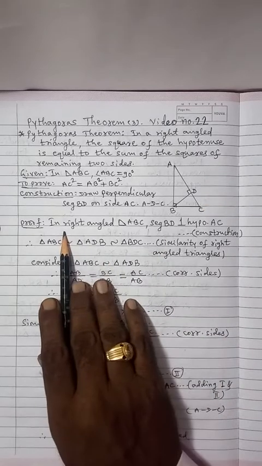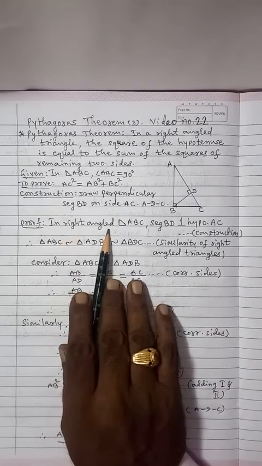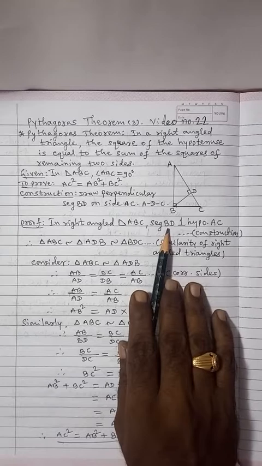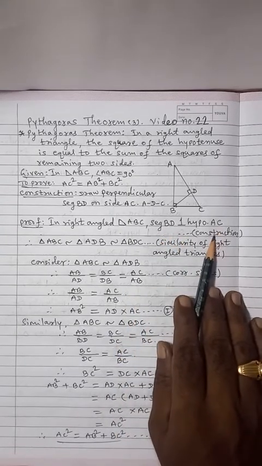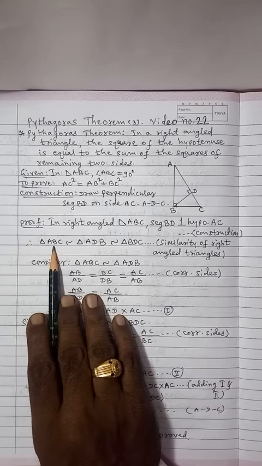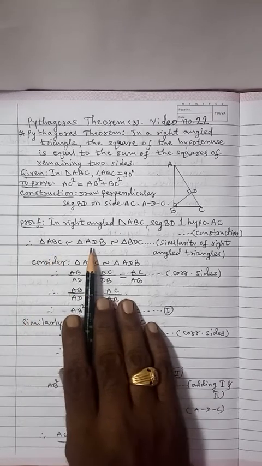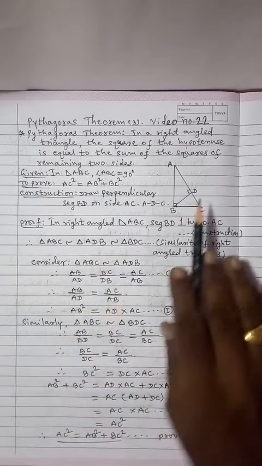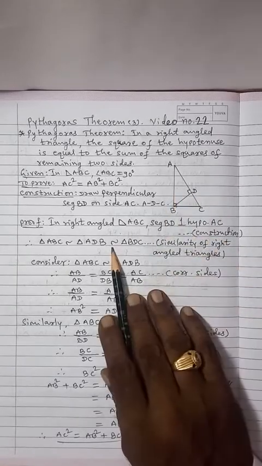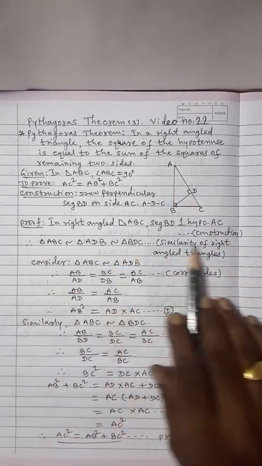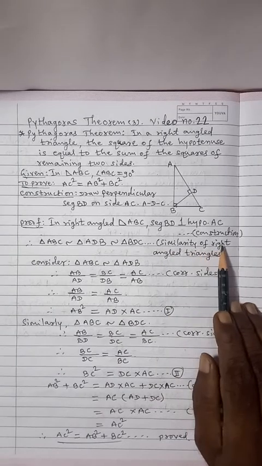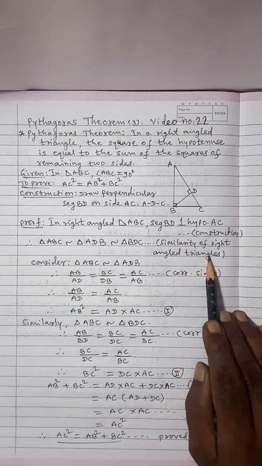So here, proof: in right angled triangle ABC, segment BD is perpendicular to hypotenuse AC. This is the construction. So what we have, just now I said, triangle ABC, the big one, is similar to triangle ADB, and triangle ADB is similar to triangle BDC. This result is from similarity of right angled triangles.